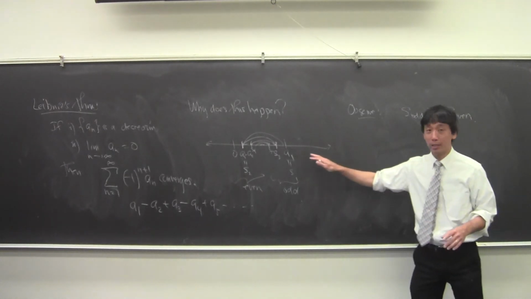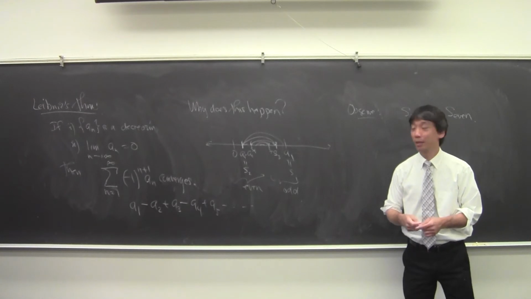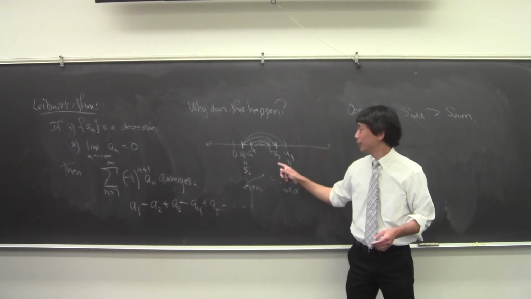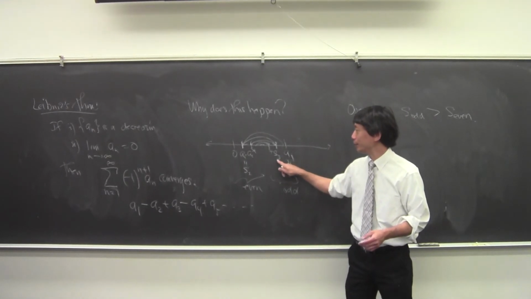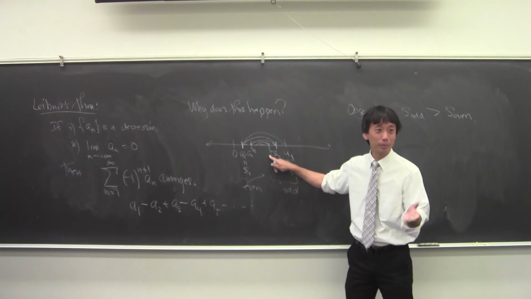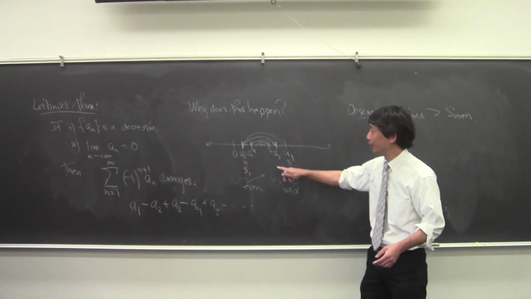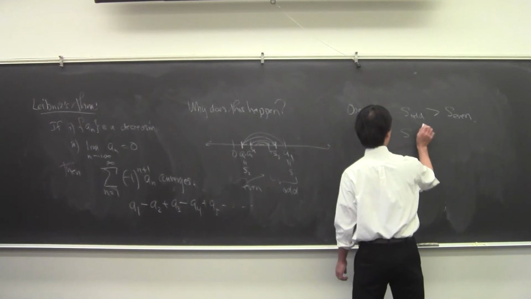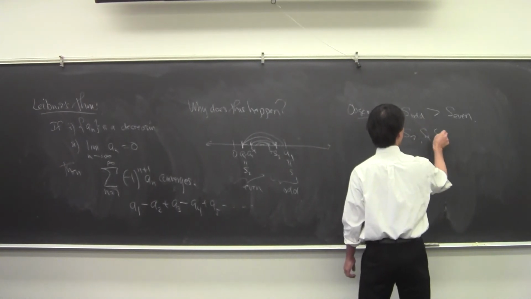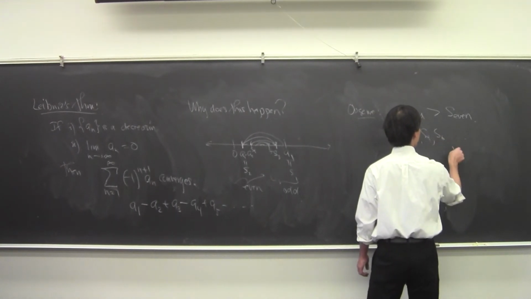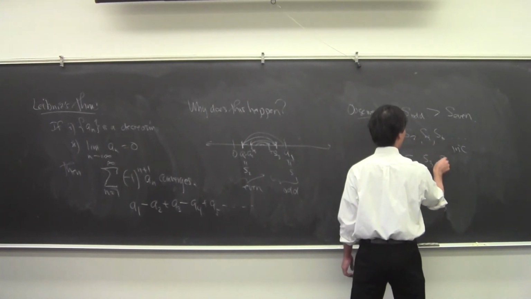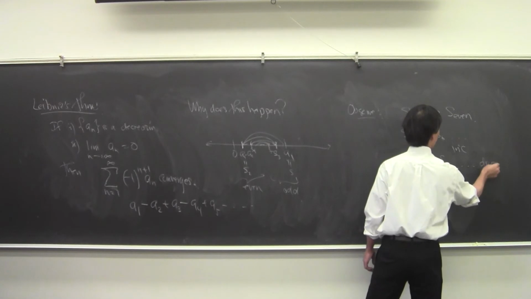Does anybody see anything else if you just look at the odd sequence? Here's S1, here's S3, here's S5. It's decreasing, and the evens are increasing. So S2, S4, S6 is an increasing sequence, and S1, S3, S5, etc. are a decreasing sequence.